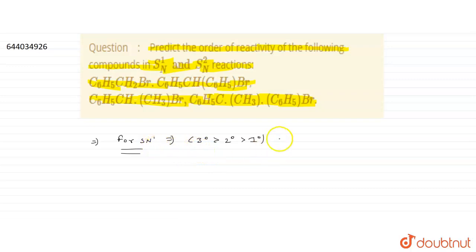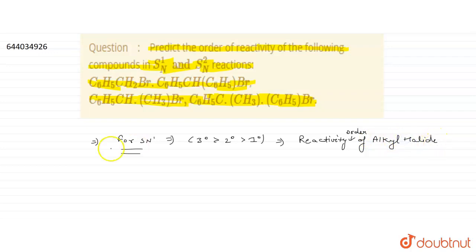So this is the reactivity order of alkyl halide, because 3-degree carbocation is formed in the first step of this mechanism.